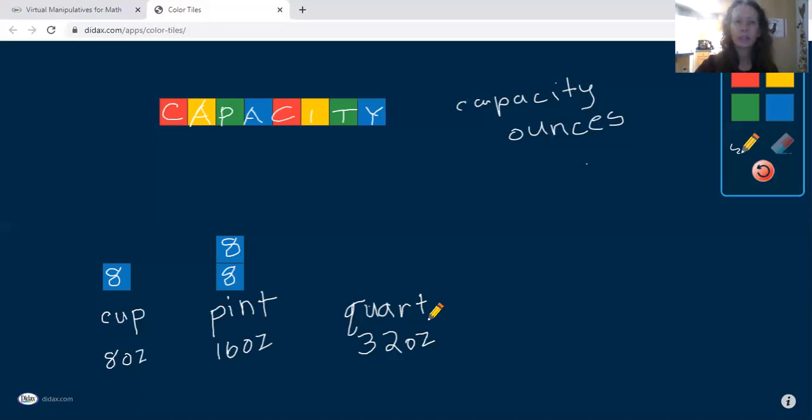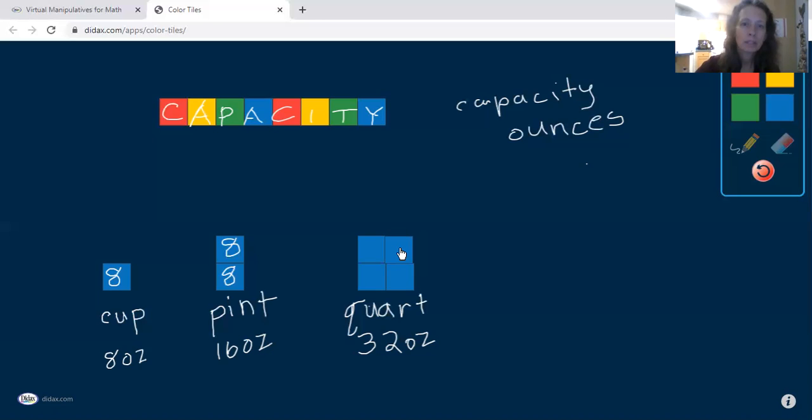All right. So to make a quart, I need 8 ounces and 8 ounces. That's 16. 8 more is going to give me 24. And 1 more is going to give me 32.